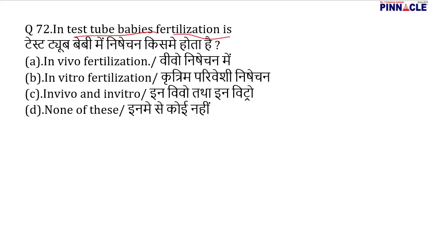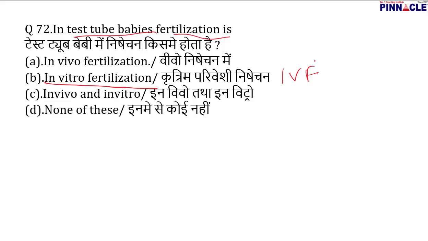We know that the test tube baby is a kind of procedure through which babies are produced. In this case, the fertilization is called in vitro fertilization, that is IVF. Sometimes it is also called the test tube baby procedure. What happens is the eggs from a woman's ovary are removed and fertilized with a sperm in a laboratory procedure.